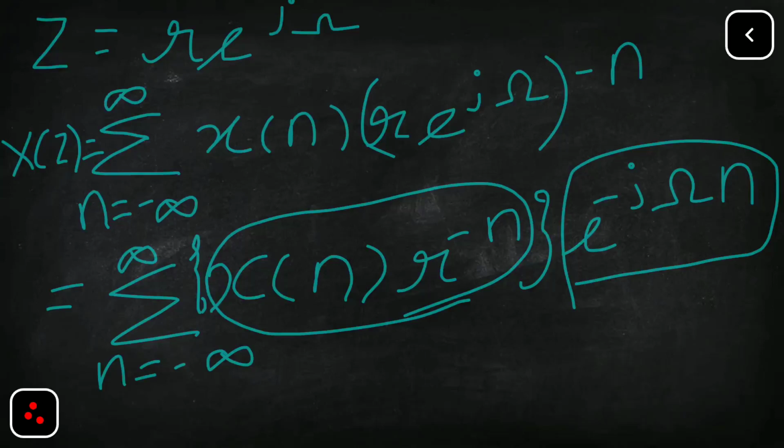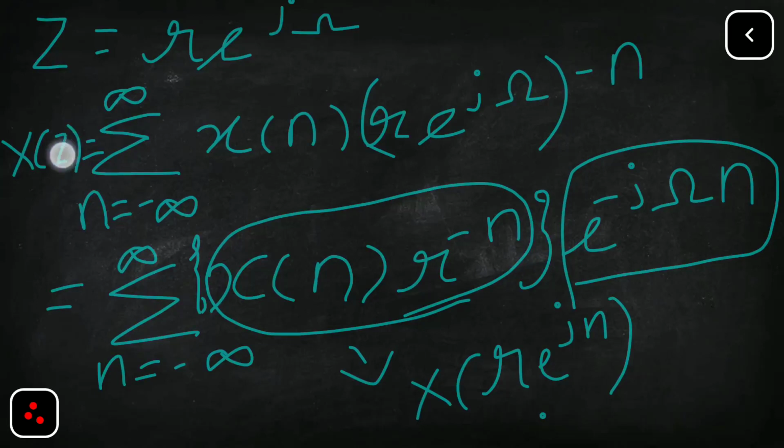So now you can see that this particular part is x of r e to the power of j omega, or you can say x of z. For this z also you can directly substitute this r e to the power of j omega. So that is equal to the Fourier transform of x of n into r to the power of minus n.